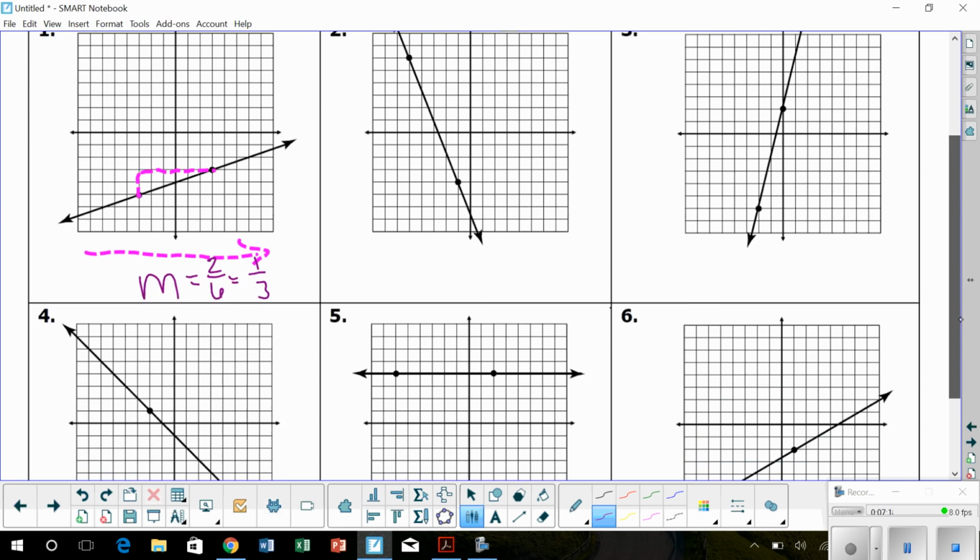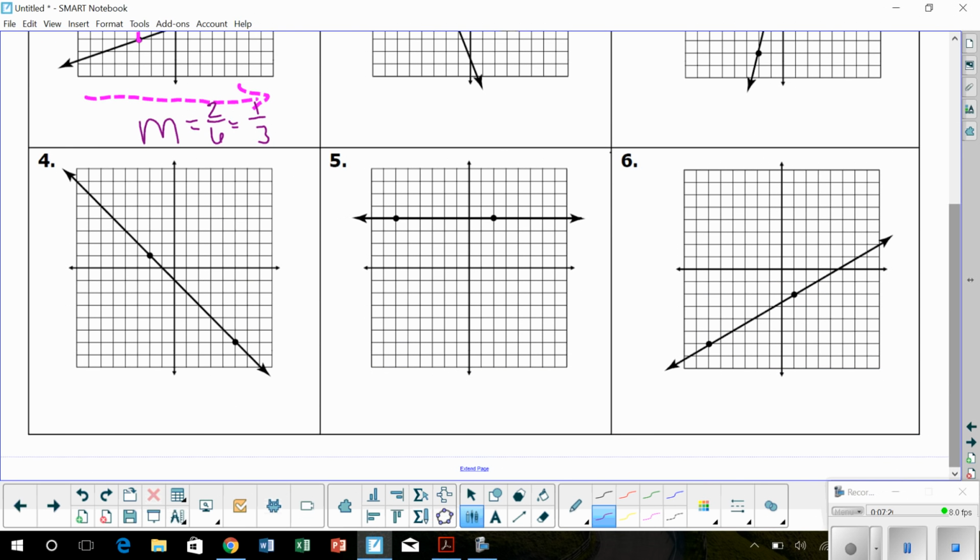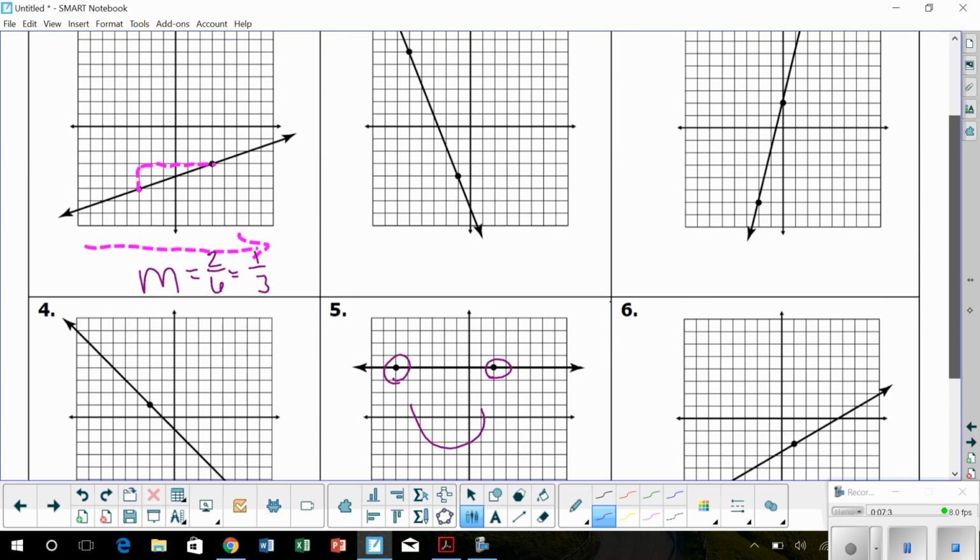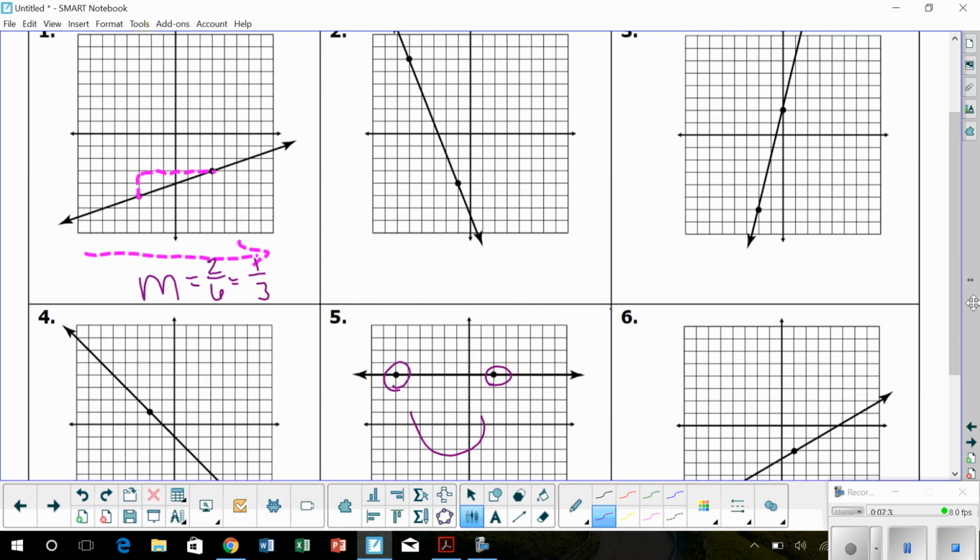Yes, you can count it that way. If you don't want to count it, you want to use the formula, then you need to make sure you use those points that they're giving you. Okay? So why don't you try right now 2 through 6. Turn the video off, work on those, and then come back for the answers.